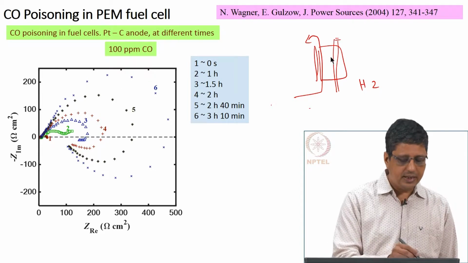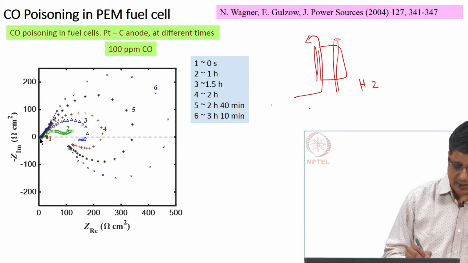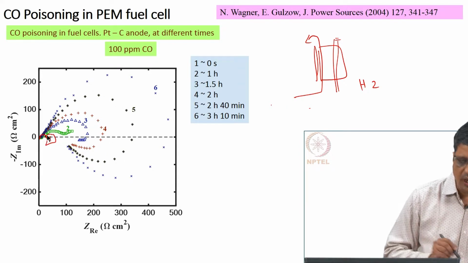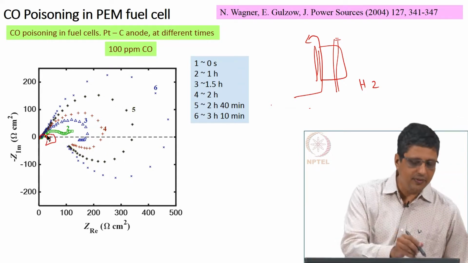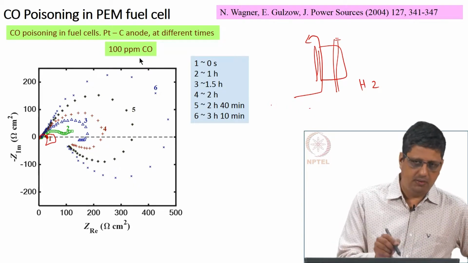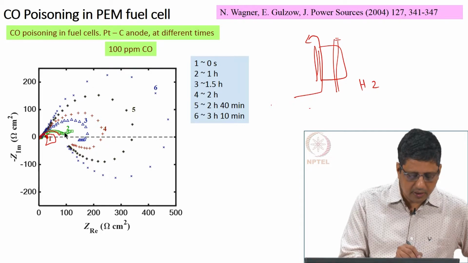So, what they have done is taken the spectrum before poisoning. So, that is actually a small semicircle here, it is not very clear, but it is a dark brown line indicated by this number 1. It is very small, so you cannot see it here in this scale. After giving small amount of CO poisoning, after an hour looks like this.